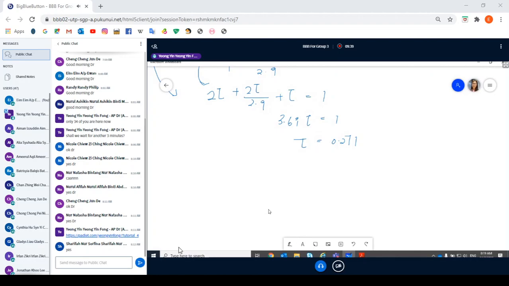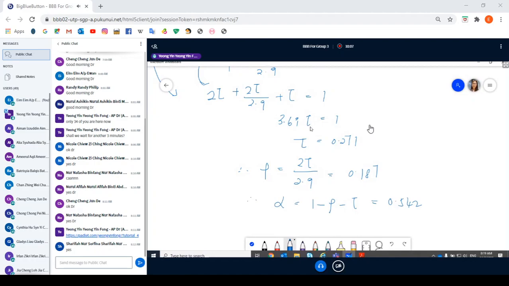And then here I can easily get the reflectivity. And finally the absorptivity will be 1 minus reflectivity, 1 minus transmissivity, equals 0.542.